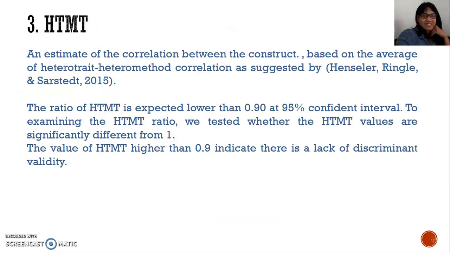But we also have to test that the number lower than 0.9 at the 95% confidence interval is significantly different from 1. What we do is create the bootstrapping report and then evaluate whether the HTMT values are significantly different from 1.